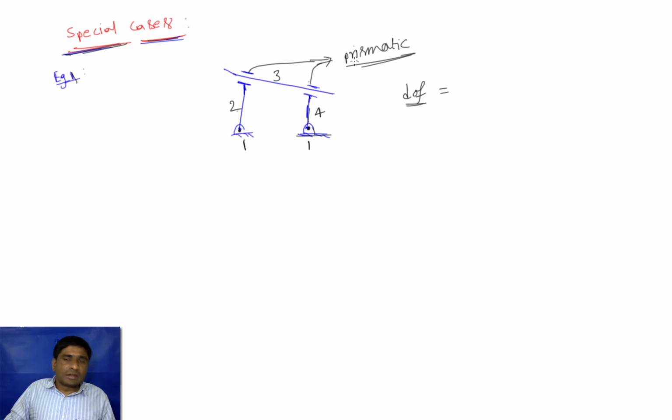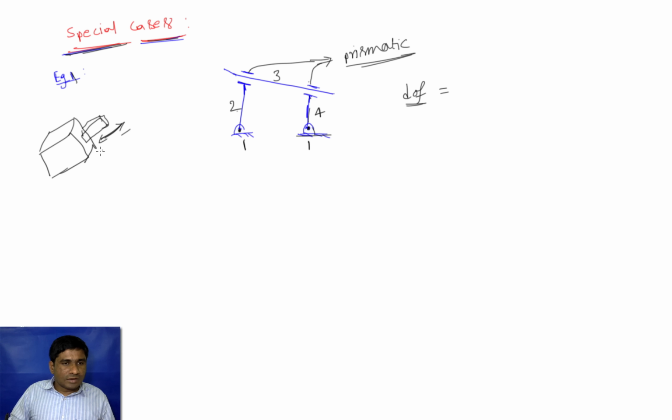When I say prismatic, we recollect we have already seen a prismatic pair, where a prism or bar is coming like this. It can translate only like this, and it cannot rotate.